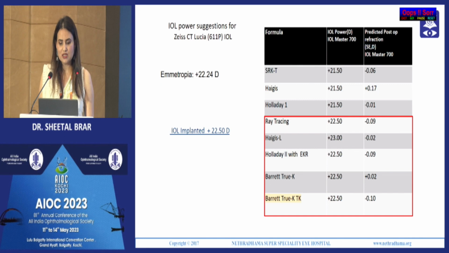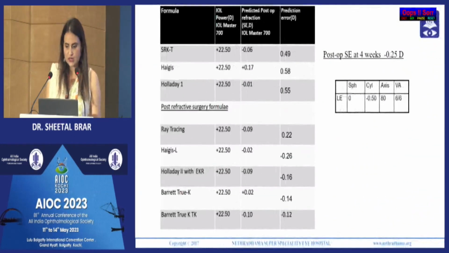And here you can see that the newer formulae are giving almost the same IOL power as plus 22.5. And this is quite different from the older formulae. You can see the older ones are 21.5, and here the IOL suggested is 22.5. So almost 1 diopter difference. So we went ahead with 22.5 diopters.